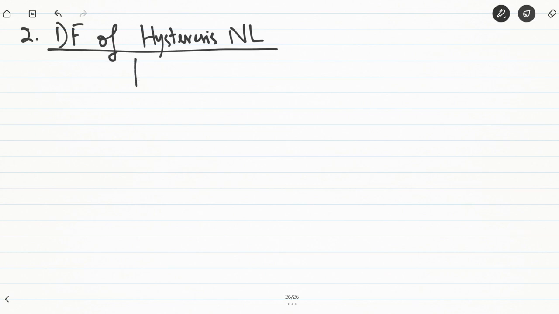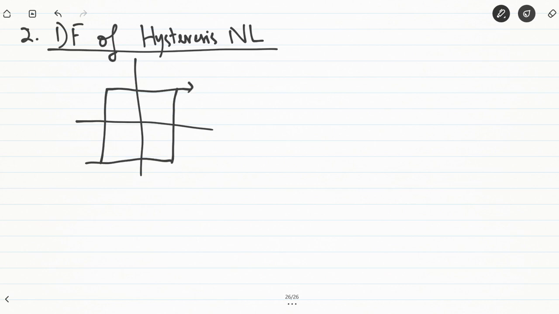We have a system, and this is what a hysteresis loop looks like.